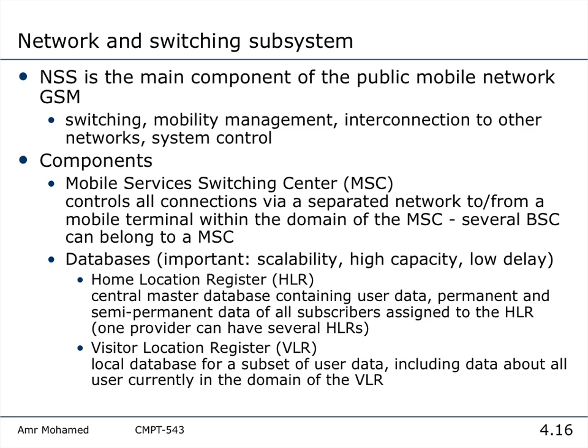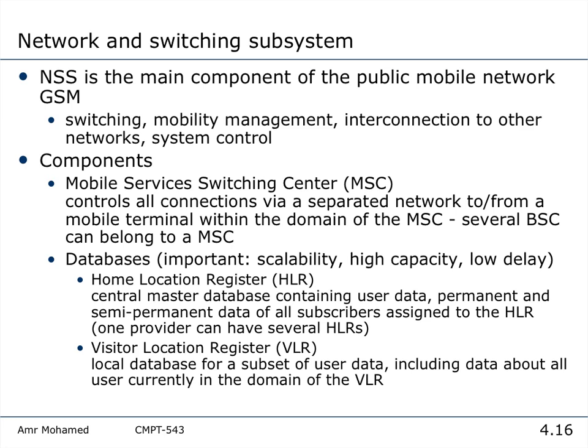This location register stores all the permanent and semi-permanent information about the mobile stations in the network. Okay, the permanent information like what? Like the serial number of the phone, the phone number itself, things like that. And the semi-permanent is the location area of that mobile station.